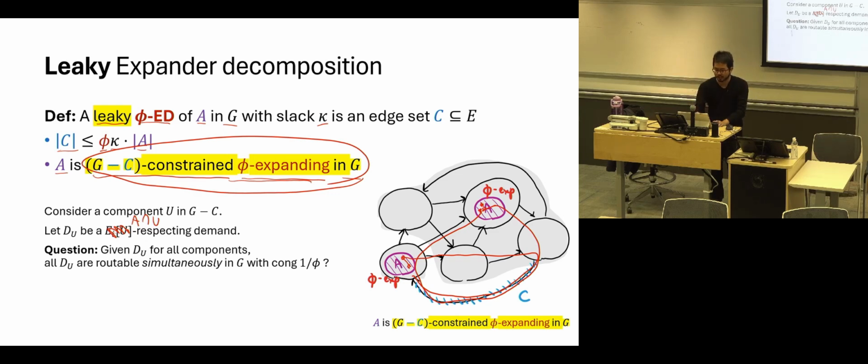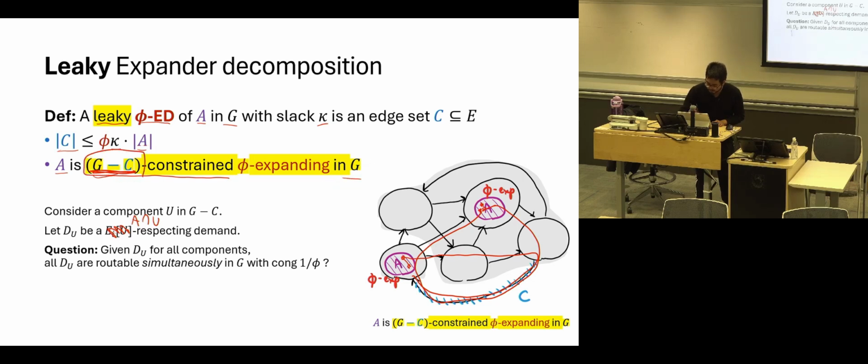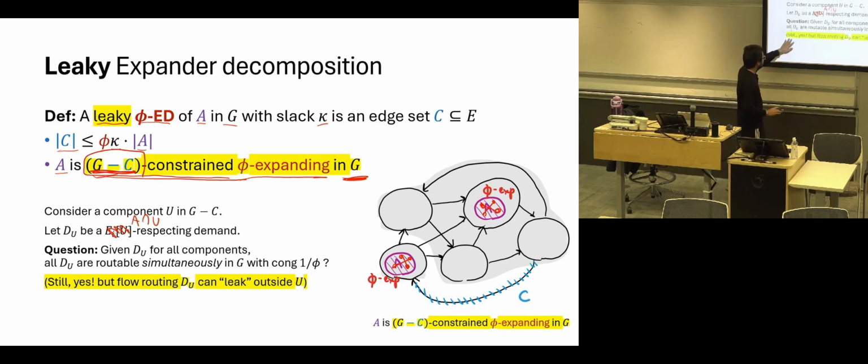That's the definition. It says that given demand that respects the component, meaning demand only between the same components, you can route this demand in the whole graph with low congestion. So yes, it's still true.